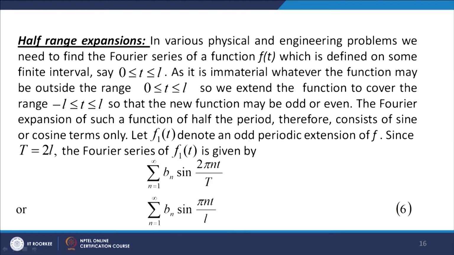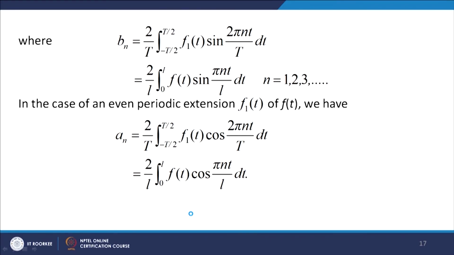So, let f 1(t) denote an odd periodic extension of f. Since T is equal to 2L, the Fourier series of f 1(t) will be given by sigma n equal to 1 to infinity b n sin(2 pi n t by T). Now, here T is equal to 2L, so we get sigma n equal to 1 to infinity b n sin(pi n t by L), and b n is equal to 2 over T integral from minus T by 2 to T by 2 of f 1(t) sin(2 pi n t by T) dt, with T equal to 2L.